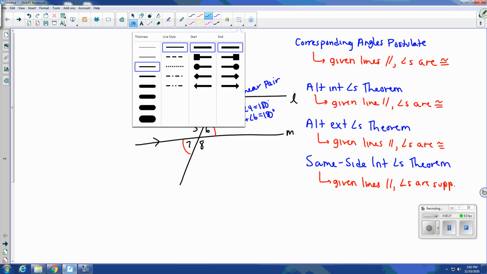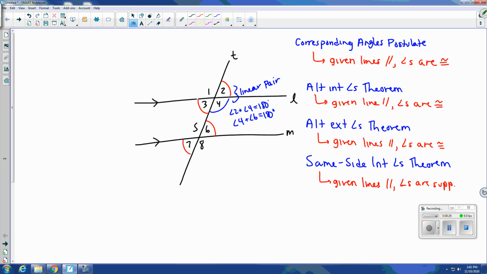So an important condition to recognize for all of these theorems and postulates is this fact here. Given the lines are parallel, we can only say these things are true if we know the lines are parallel.